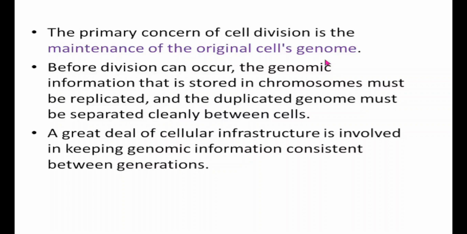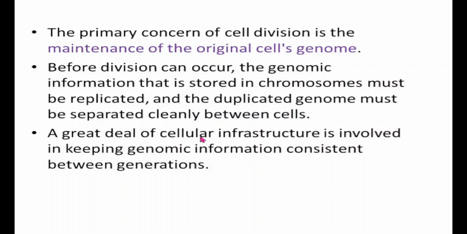What is the genome? It is the whole content of the genetic material in an organism or in a species. Before division can occur, the genomic information that is stored in chromosomes must be replicated, and the duplicated genome must be separated cleanly between cells.